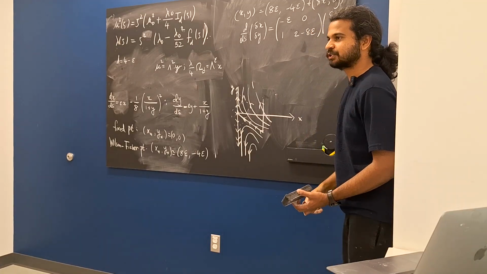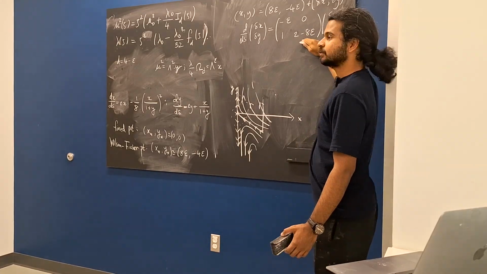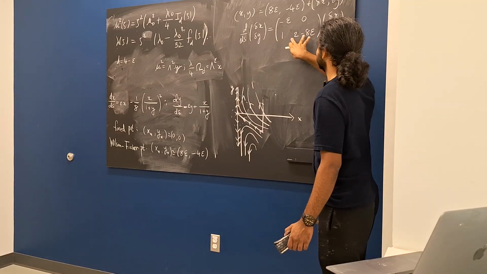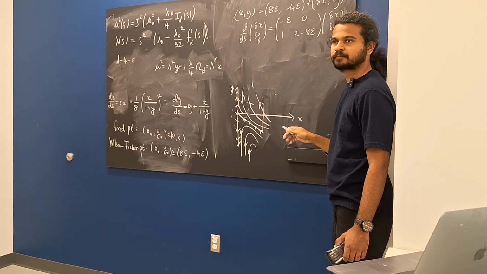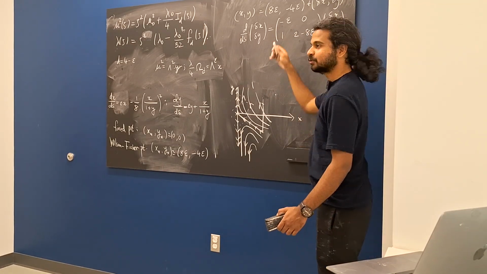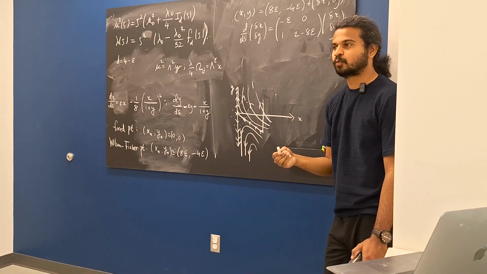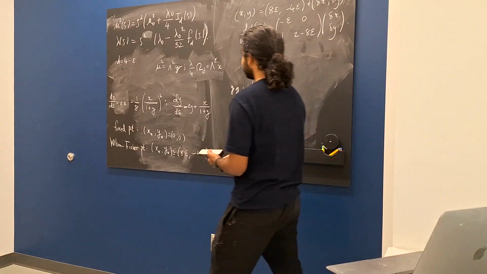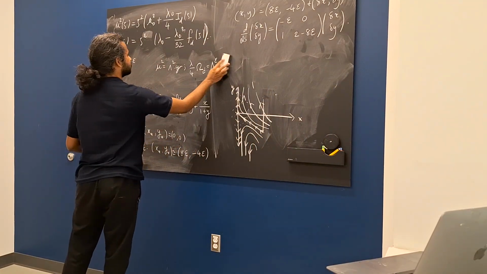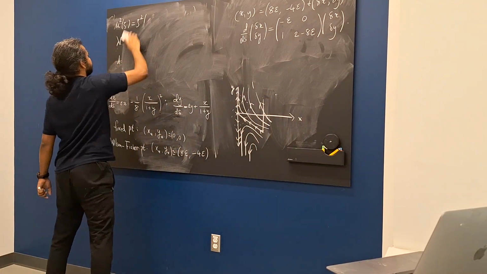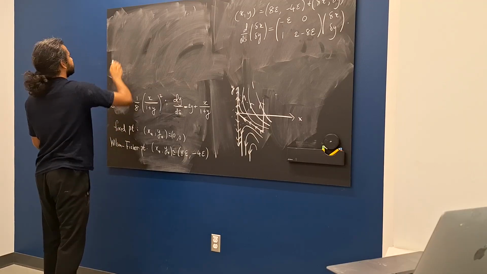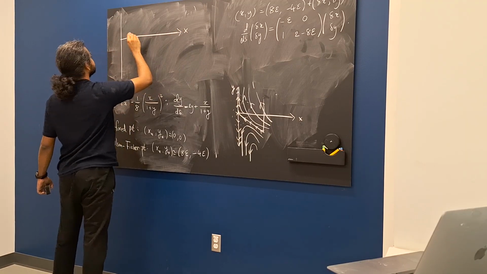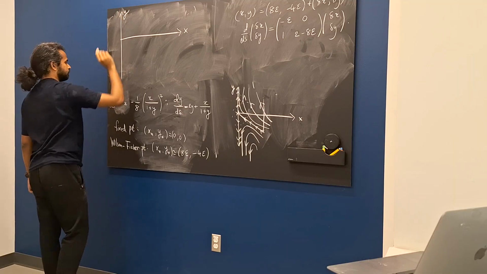And then the flow is dictated by the eigenvalues of this. And we can already see the eigenvalues. These are minus epsilon and 2 minus 8 epsilon. Right? One eigenvalue is negative. One eigenvalue is positive. So let me erase stuff. So if we again make a plot of this, x, y.